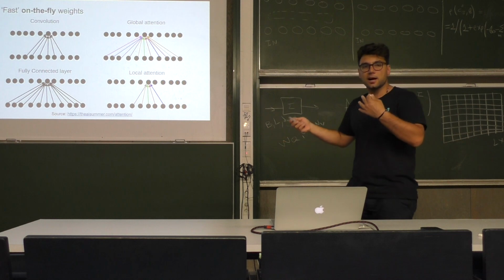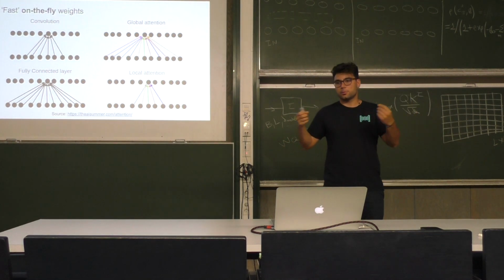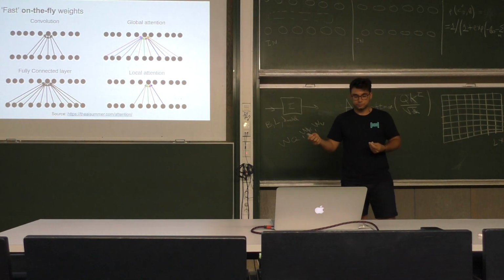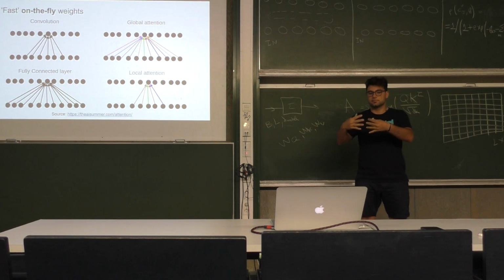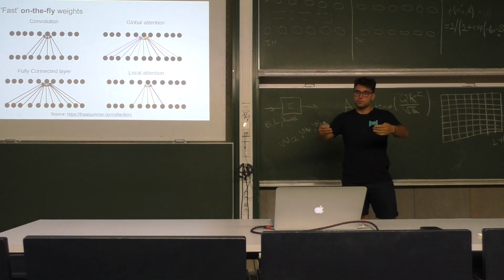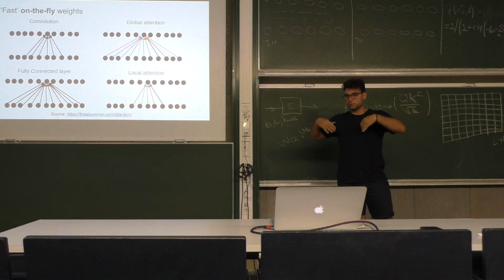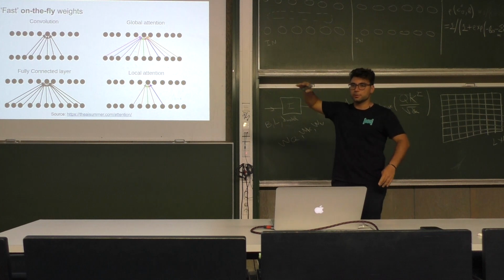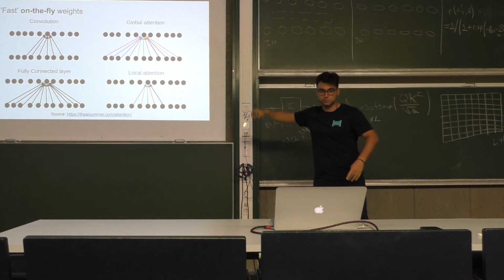So you can imagine how many pairwise relationships we have. Of course, in the first layer, if the tokens are words, you have pairwise relationships between words, and in the second layer you have pairwise relationships of pairs of words, and so on, and you build more abstract representations.